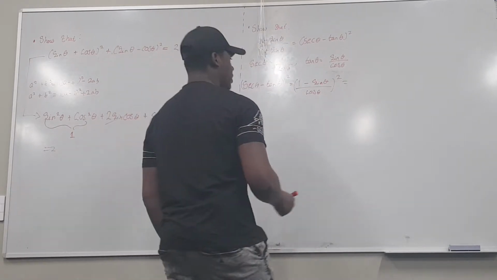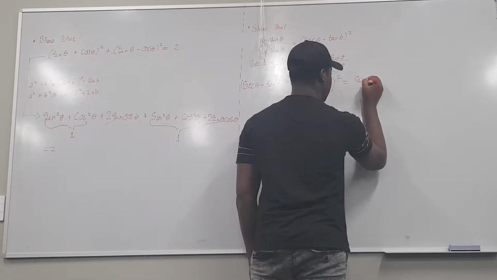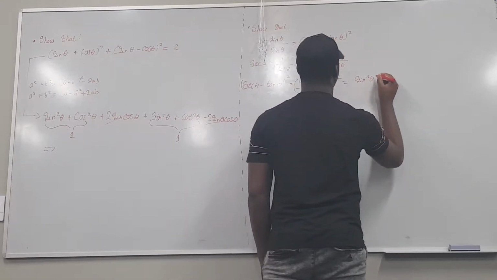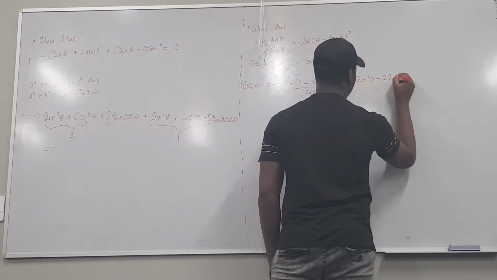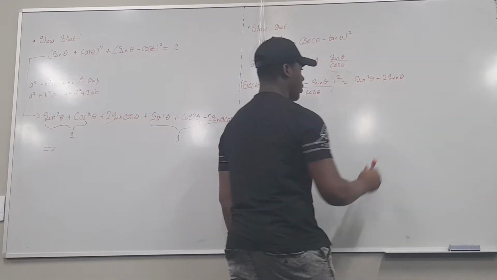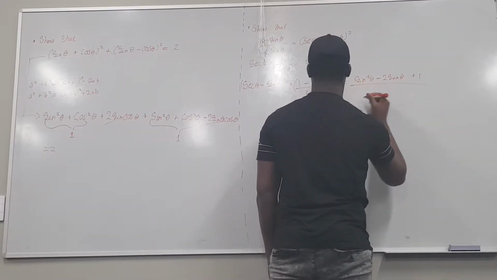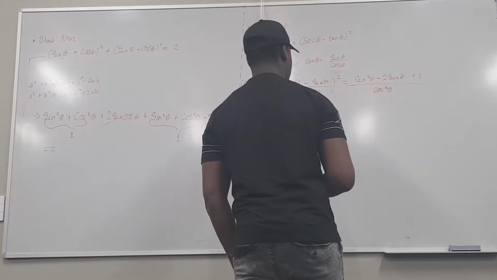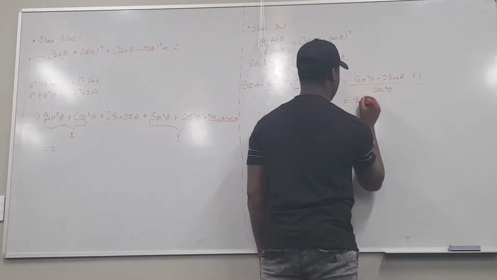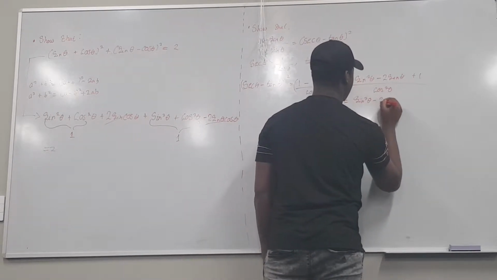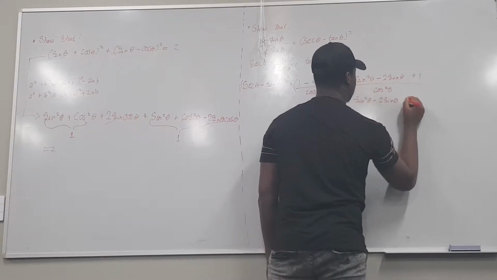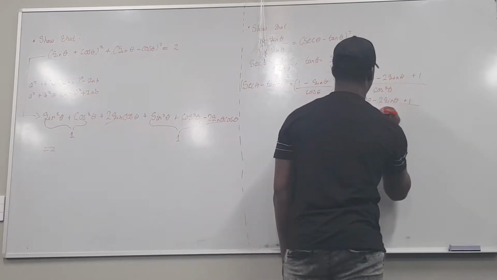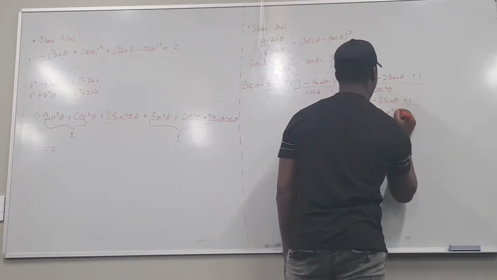So I'll write sine squared theta first, minus 2 sine theta plus 1, over cosine squared theta. But I want everything in terms of sine, so I can further write this as sine squared theta minus 2 sine theta plus 1 divided by 1 minus sine squared theta.